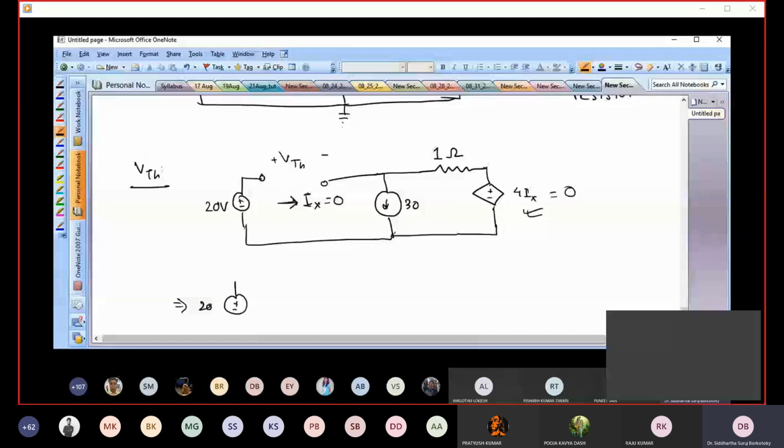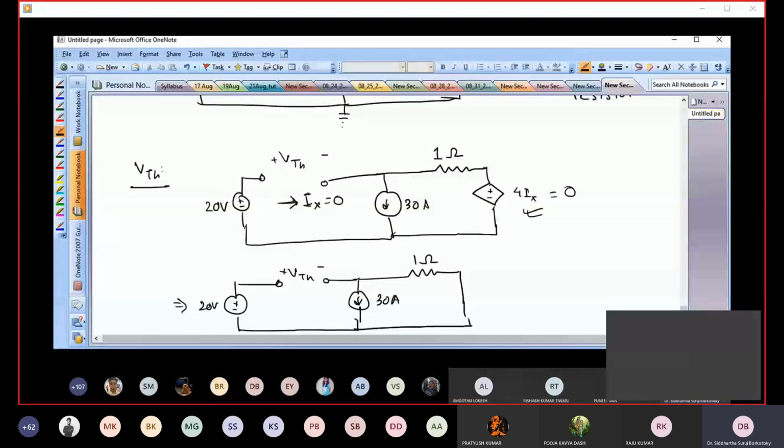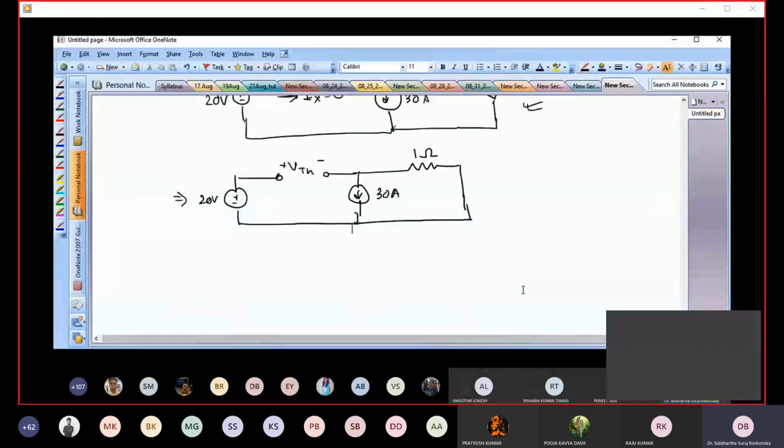So what I have here is plus 20 volts, VThevenin. So this is a plus minus. This is an open circuited point. I have this 30 amperes, and then I have 1 ohm. Finally, this is all short circuited.